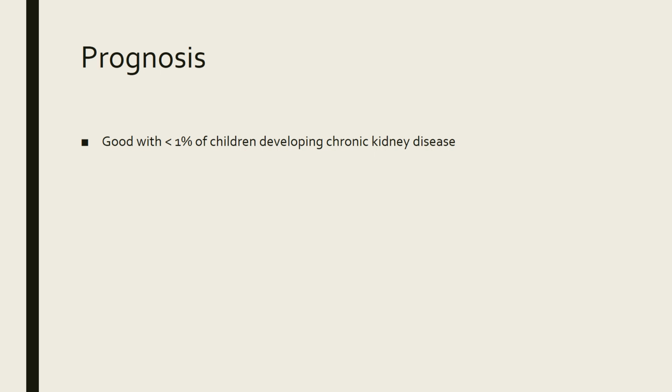So in terms of prognosis, the prognosis is said to be good, with less than 1% of children developing chronic kidney disease, although there are now controversies on this statement, with papers saying that most of the methods that were used in earlier studies were flawed and that patients were only followed up for a relatively short period of time.